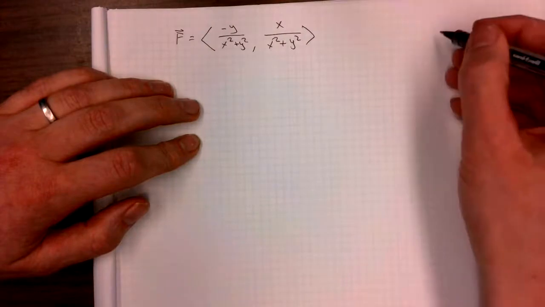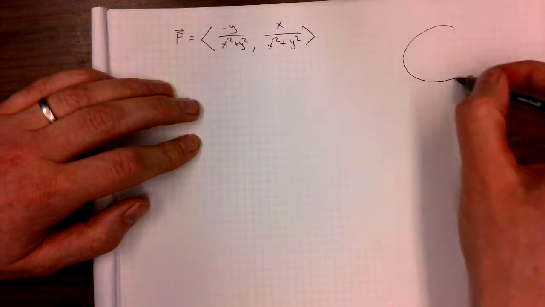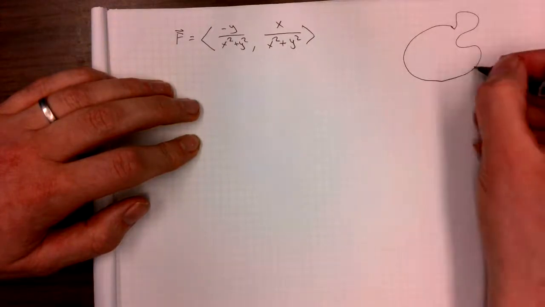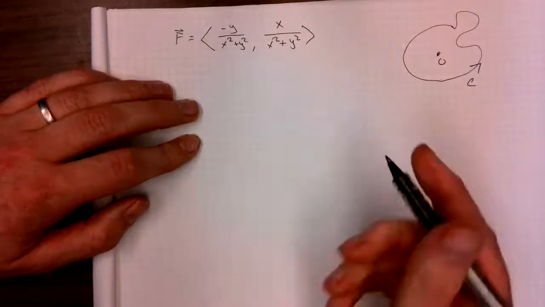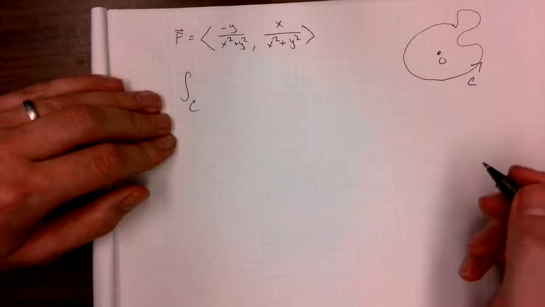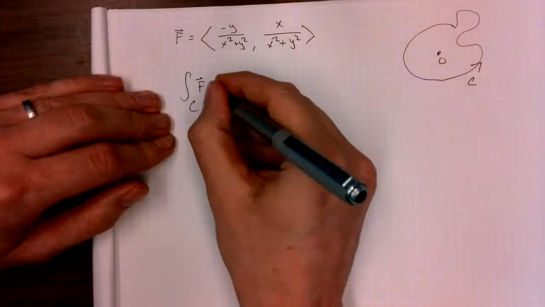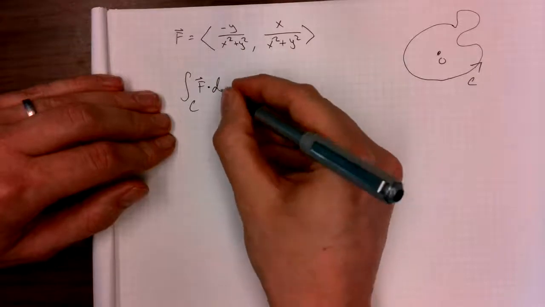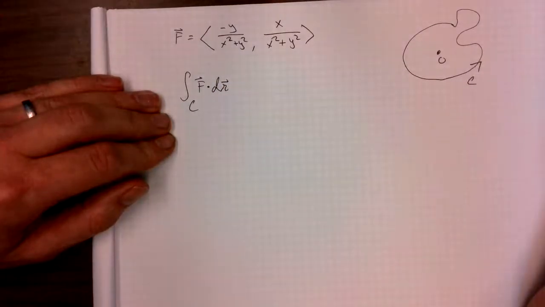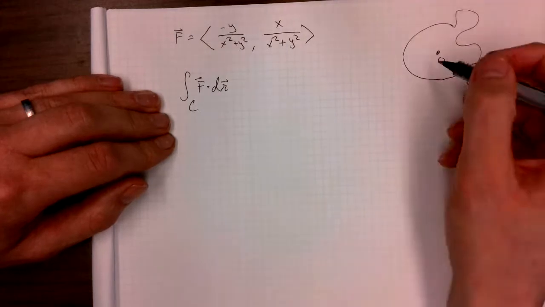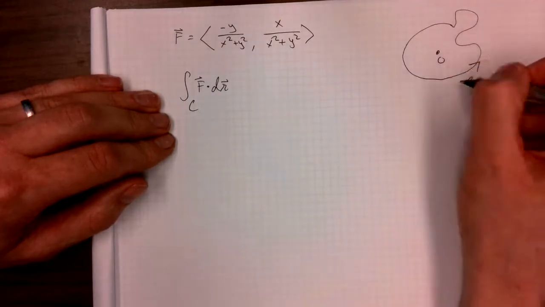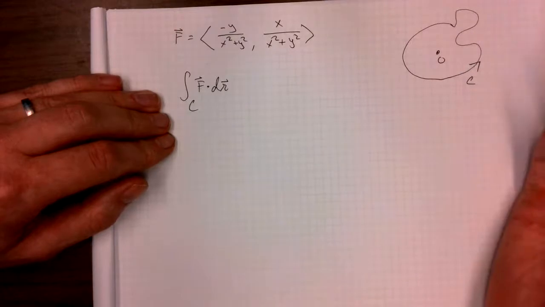And let's suppose that C is some complicated curve that goes around the origin, right? And we want to figure out what is the integral over C of f dr. This is the way that we were writing it, right? Well, maybe it would be really, really tough to integrate, because parametrizing such a thing would be hard.